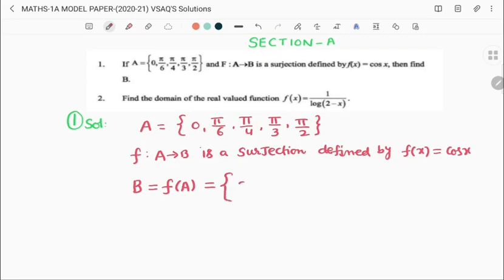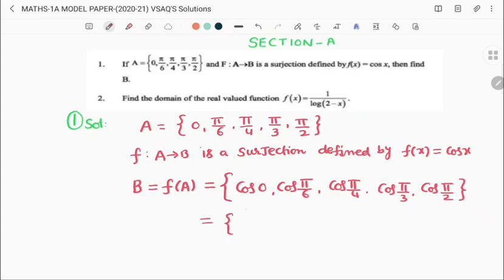So f means cos 0, cos pi by 6, cos pi by 4, cos pi by 3, cos pi by 2, which is equal to, cos 0 value is 1.